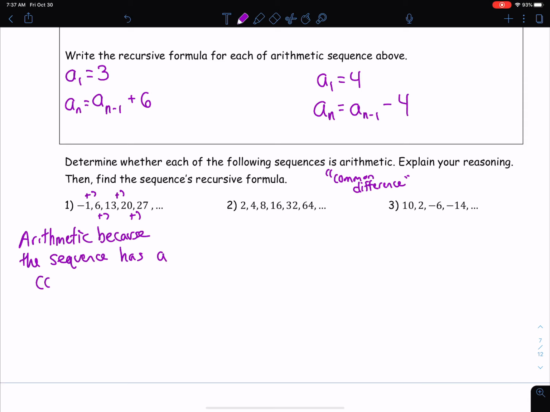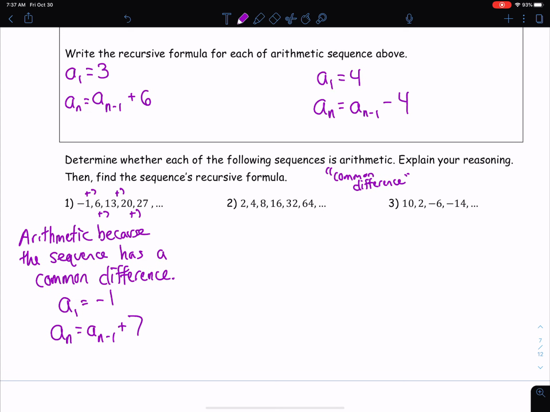Common difference. And the recursive formula for this one would be a of 1 is equal, so the first term is equal to negative 1. And then what's happening to the previous term each time to find the next term? We are just adding 7.